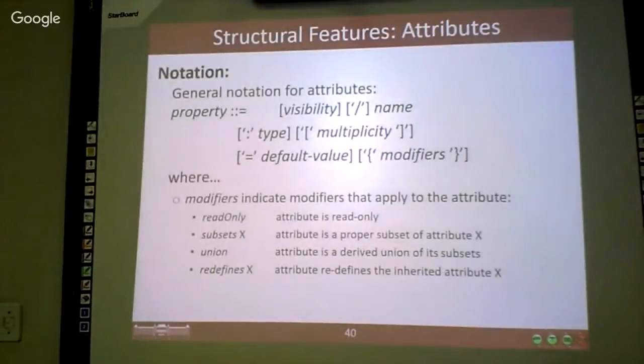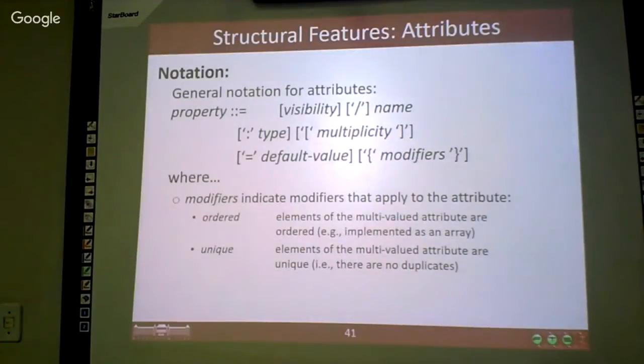And at the end, you can also use some modifiers that change the semantics of the attribute. For example, an attribute can be read-only. It can be a proper subset of another attribute. An attribute can be a union of its subsets of other attributes, and we can also redefine inherited attributes with these modifiers.